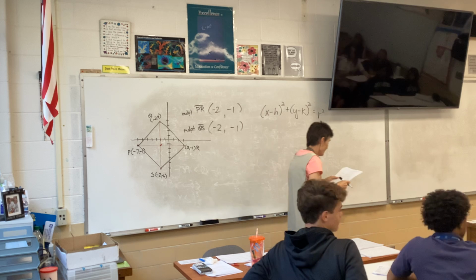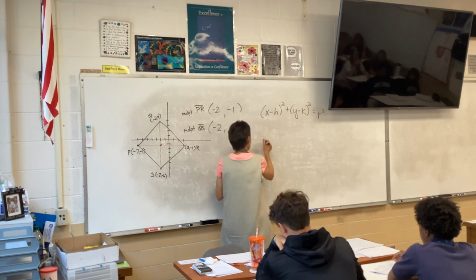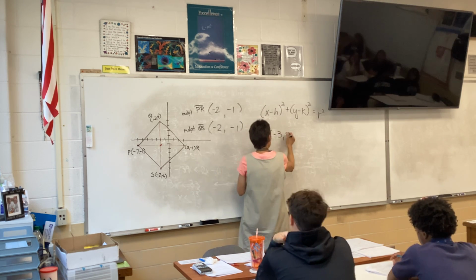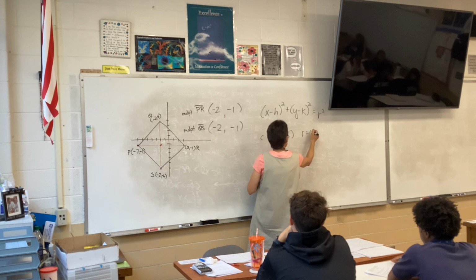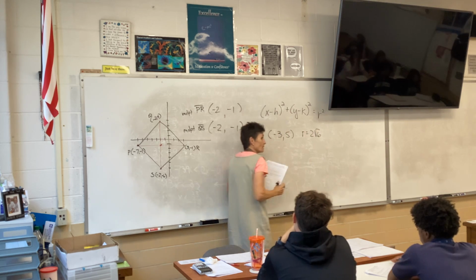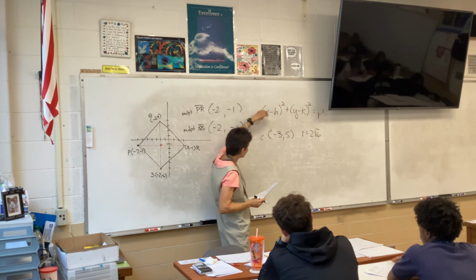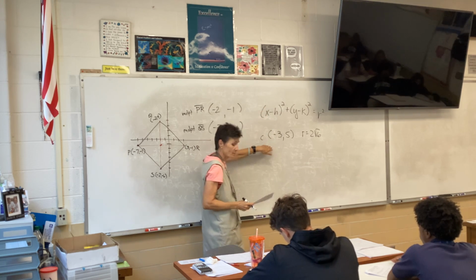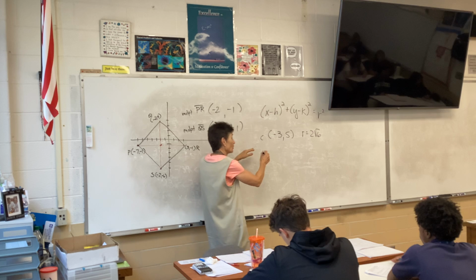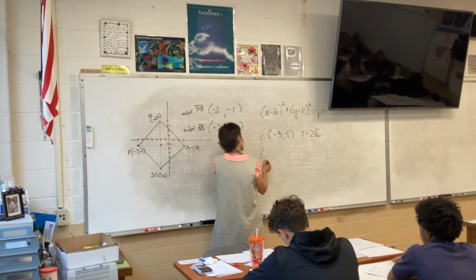You okay? Alright. Now, we're going to write the equation of a circle, given this center and this radius. So in other words, you're going to write something that looks like this, but you're going to use these numbers. Can you do that? What's it going to look like?